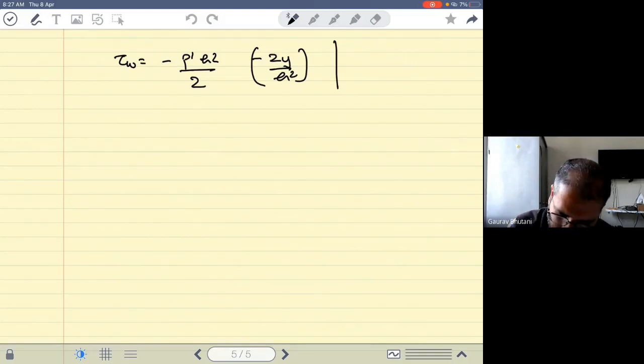And then this whole thing is at y equal to minus h. Okay, so we finally get a minus sign. So this 2 gets cancelled with the 2. H square gets cancelled with the h square. So we simply get a minus p prime h.